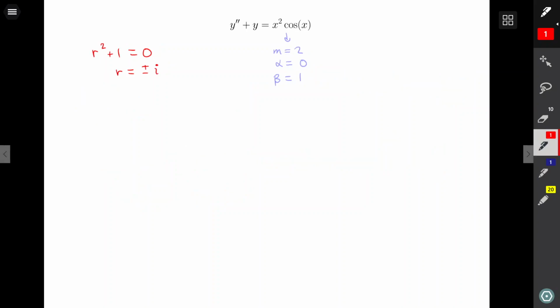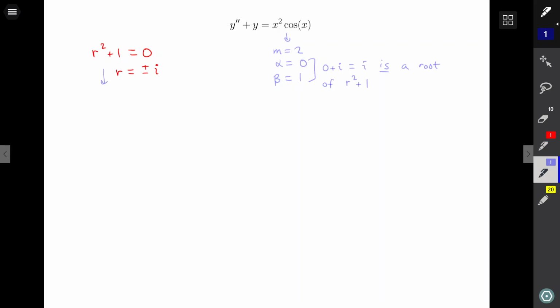So now we can go back to the one that I mistakenly jumped to before. Y double prime plus y equals x squared cosine of x. So in this case, we've got alpha equals 0 and beta equals 1. So 0 plus 1i, which is equal to i, is a root of r squared plus 1.